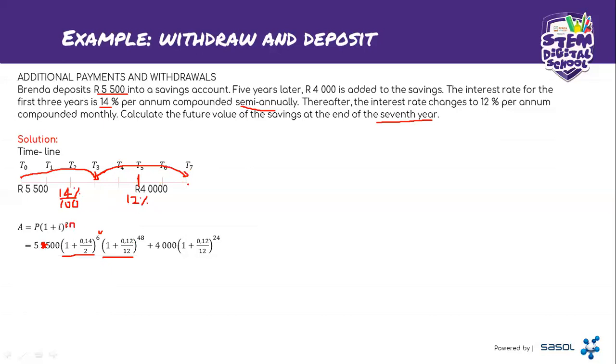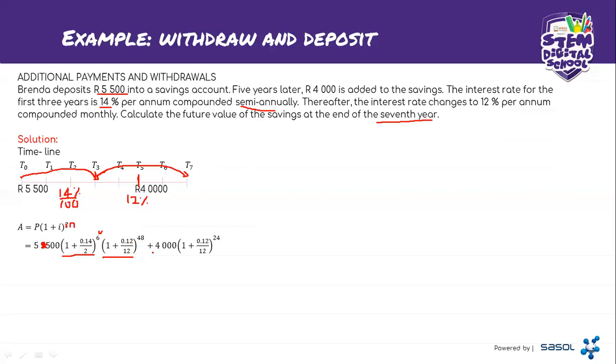Let me explain the second bracket. The new interest rate is 12%. You divide 12 by 100, and it gives us 0.12. This 12% is compounded monthly, so we divide by 12, and 12 times 4 gives you 48.